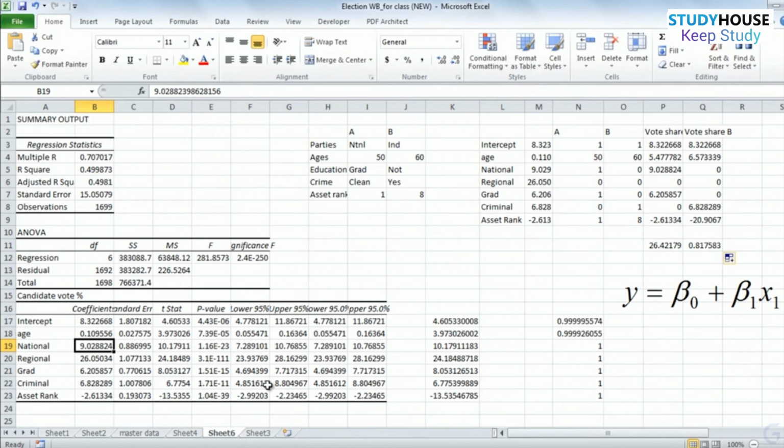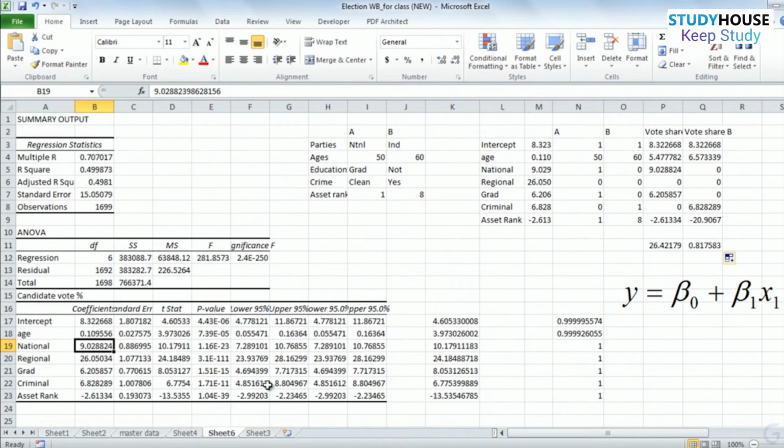Now flashback to West Bengal election 2011. The incumbent party was the Communist Party of India, and they were a national party. And they lost that election after 30 odd years to Trinamool Congress, which is a regional party.